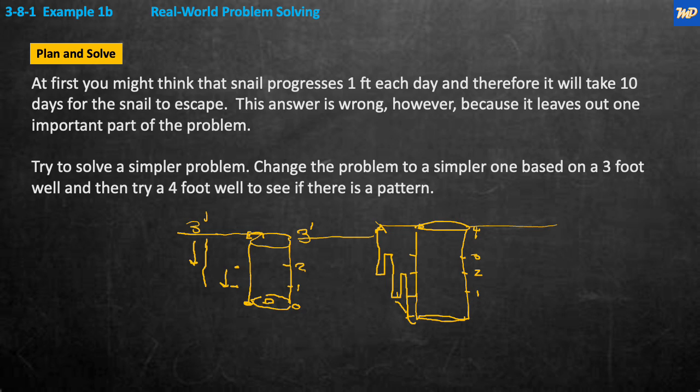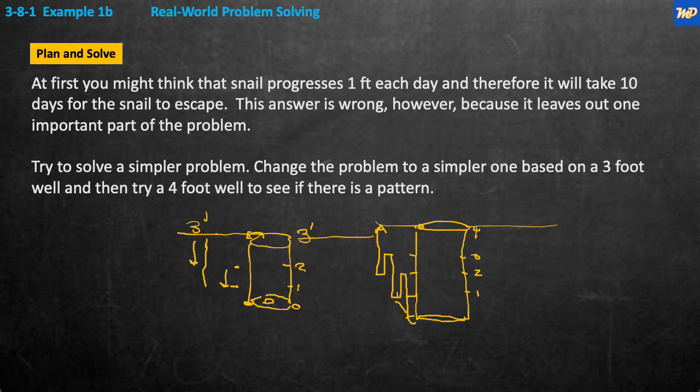And the full third day without the night is up to the 4 foot mark. So let's say that's 3 days and no ending night. So that's 4 feet. He's going to do it in 3 days. 2 full days with nights and then a day.